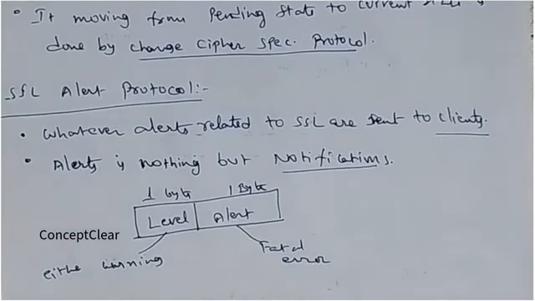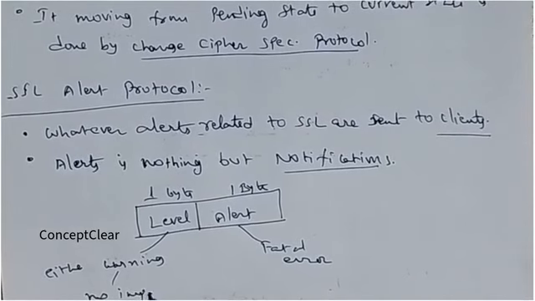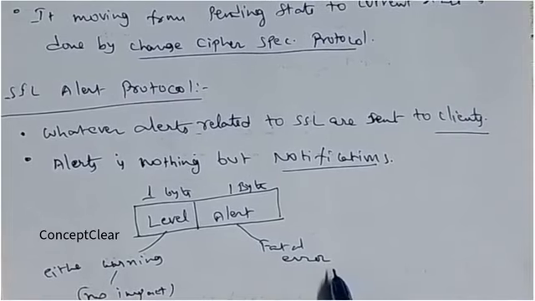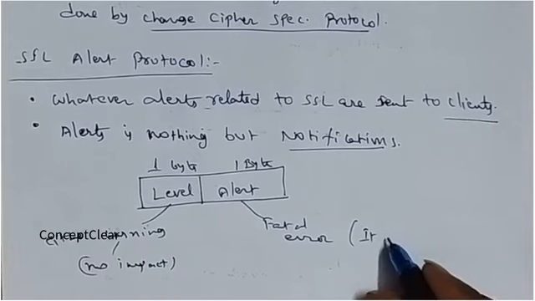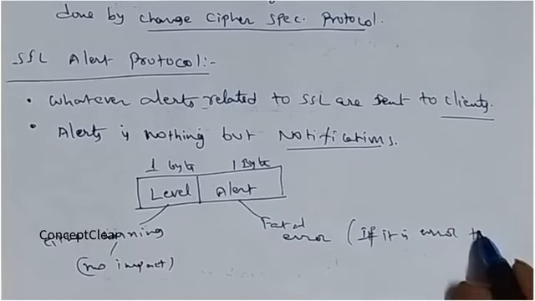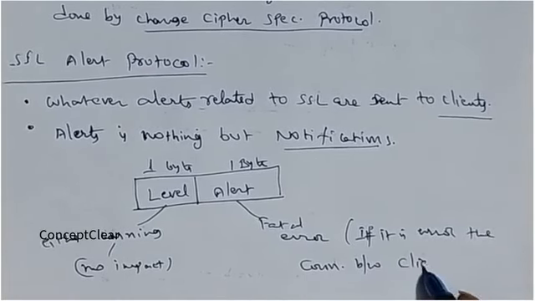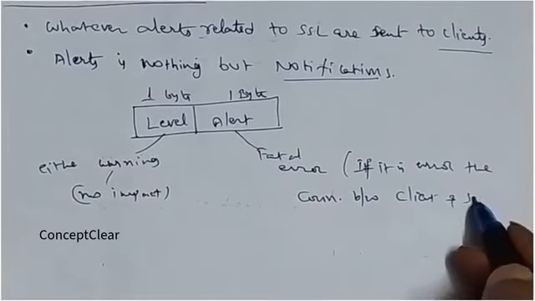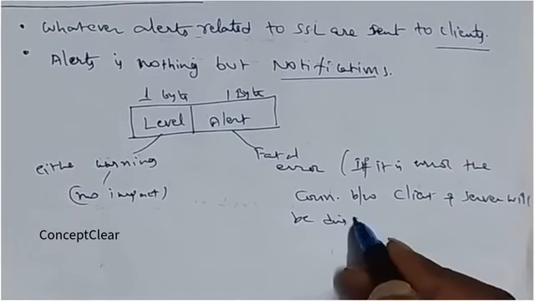Warning means no impact, and fatal error means the connection between client and server will be disconnected.